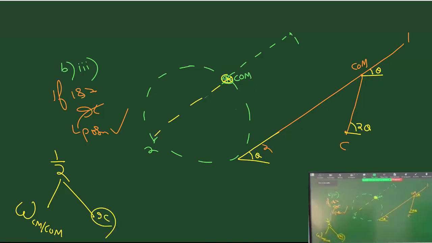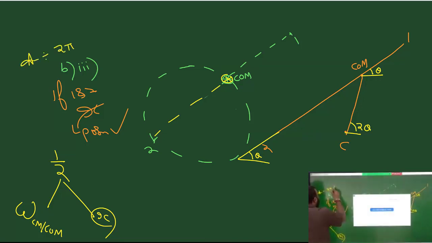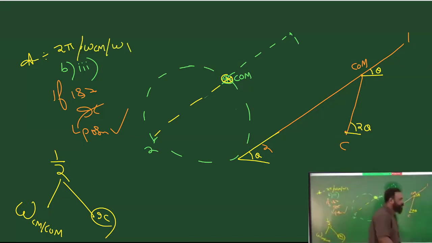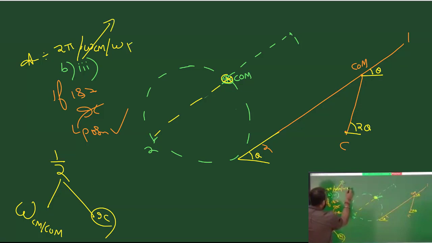If that becomes clear to us, then we can understand the time it will take to rotate. So the answer will obviously be 2 pi by omega of center of mass, omega c, because as it completes one circle, as it moves by 2 pi, that theta angle becomes pi, and 1 and 2 positions become interchanged. Omega cm expression I have already written in the previous step.